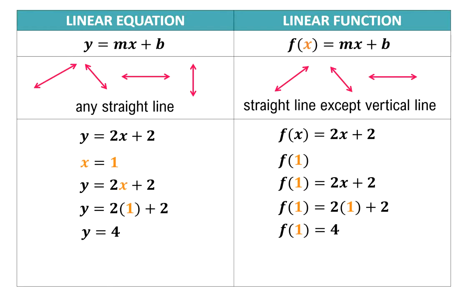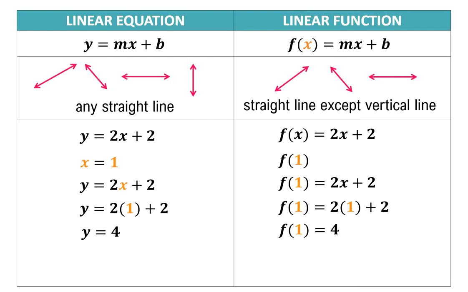So, we read this as f of 1. And then, f of 1 is equal to 2x plus 2. So, pareho lang ng process na gagawin natin. We simply substitute yung value ng ating function na 1 doon sa variable x. So, we have here 2 times 1 plus 2. So, that would be equal to 4. So, we read this as f of 1 is equal to 4.